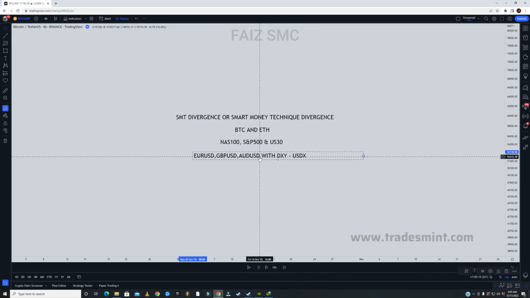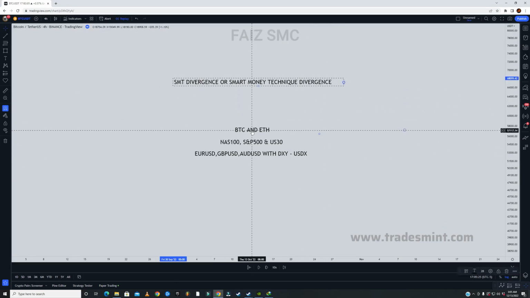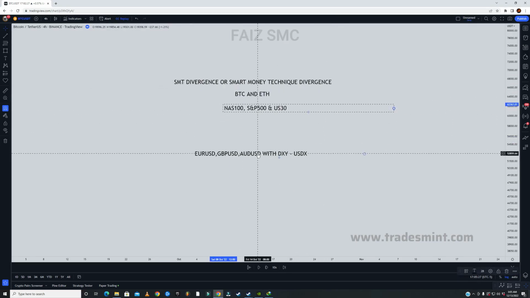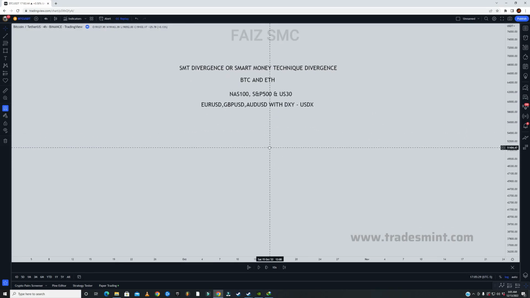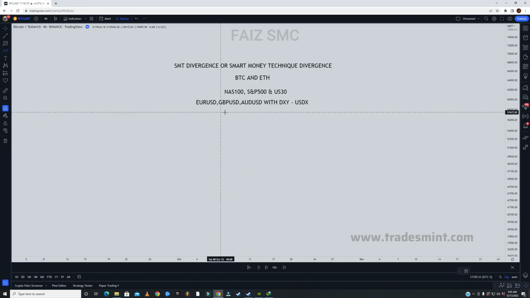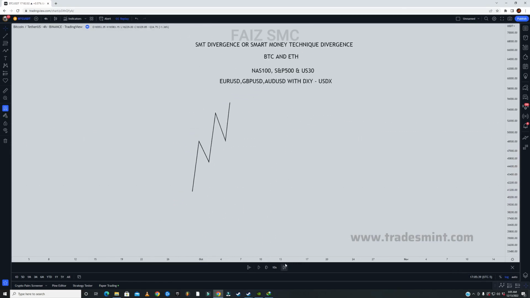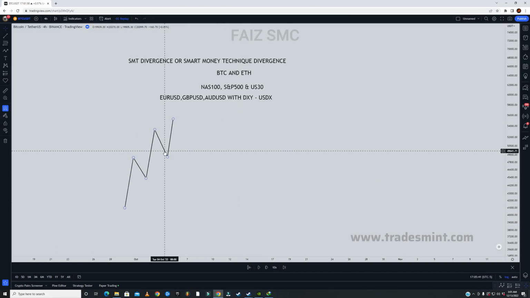You can simply trade with these instruments, pairs and assets. So let's talk about what SMT divergence really is in detail. Let me draw this out first.